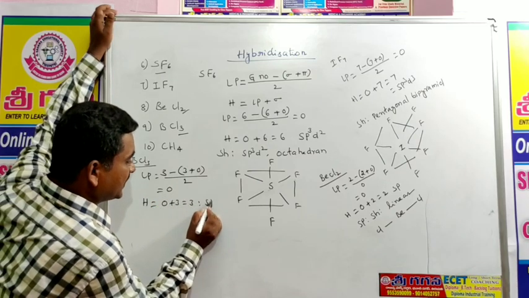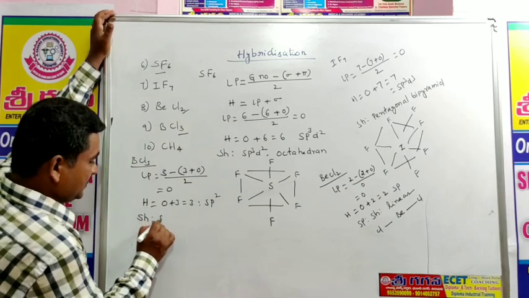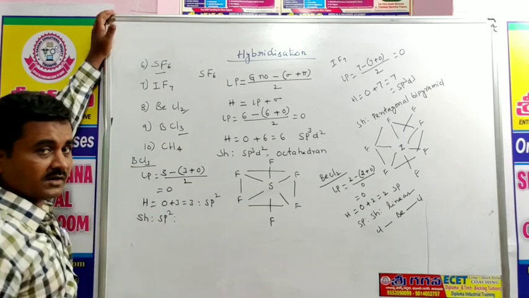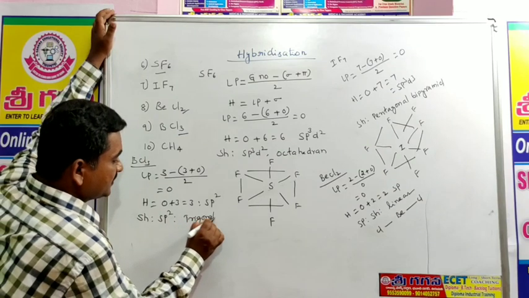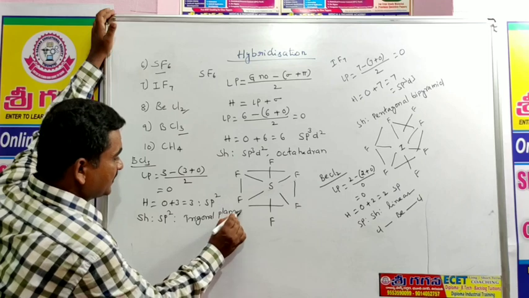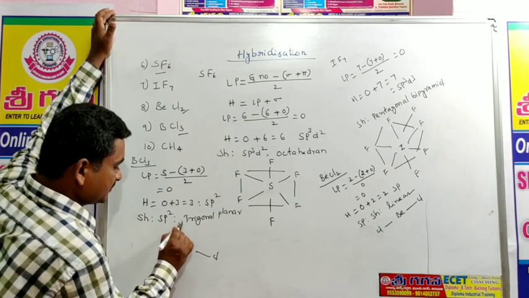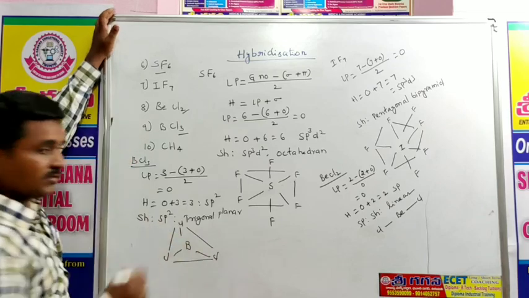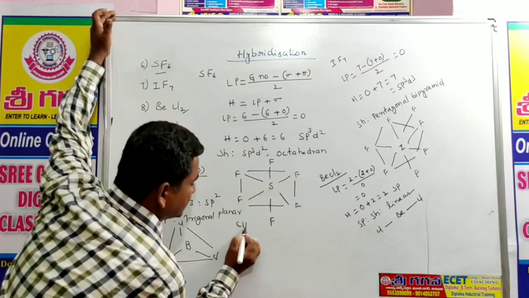If we get 3, we will get sp2 hybridization. The shape, for sp2 hybridization with 0 lone pairs of electrons, will be trigonal planar. That will be like this. Trigonal planar structure.